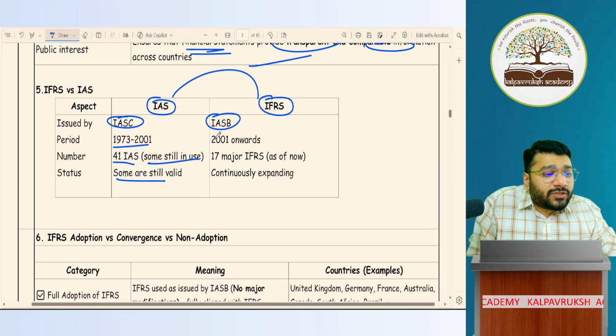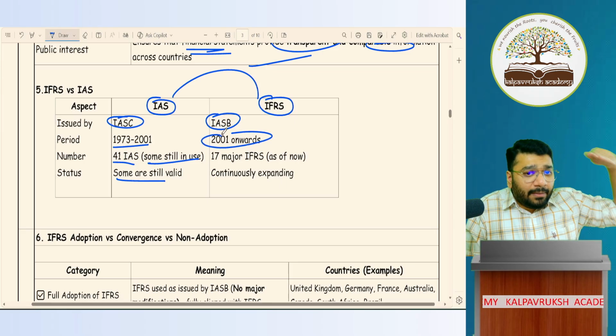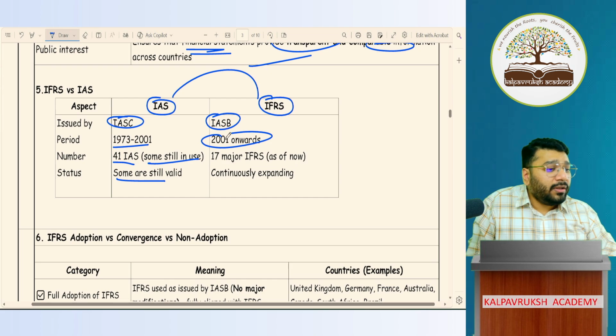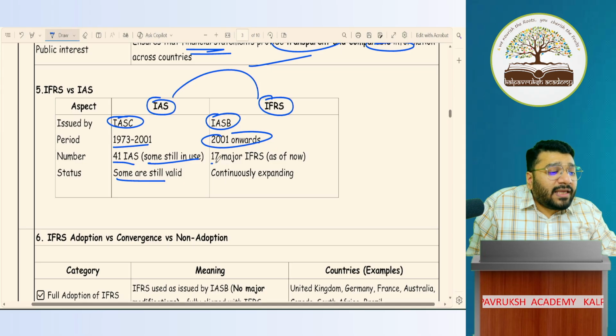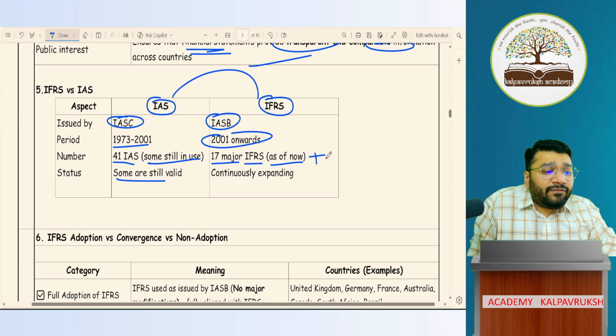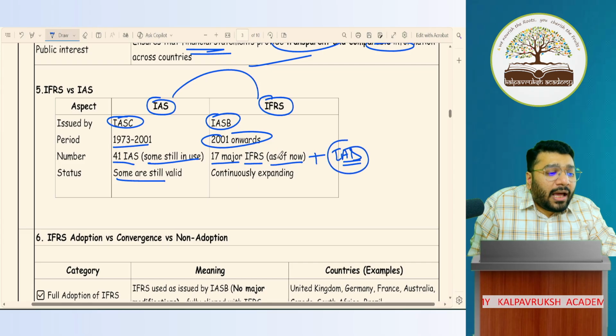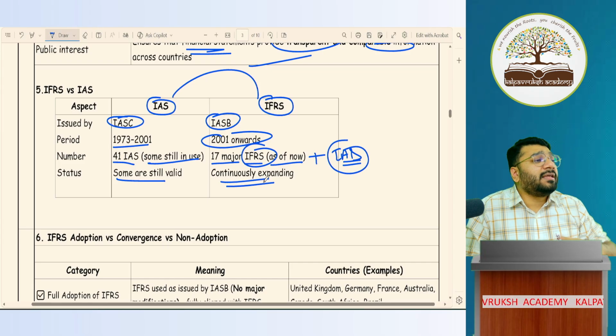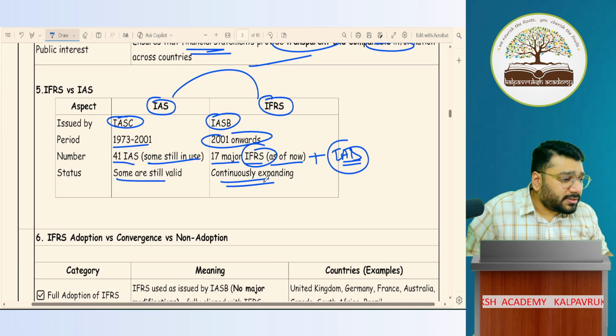Whereas IASB was formed from 2001 onwards and is operative even now. During this period, a total of 17 IFRS have been developed. Apart from that, a few IAS have been modified and updated, which are followed along with these IFRS. And they are continuously working to develop IFRS in multiple other sectors.